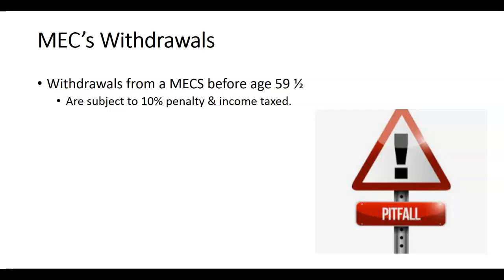Distributions are taxed on a LIFO basis, last in, first out. This is known as the interest first rule. And distributions before age 59 and a half are subject to a 10% penalty.